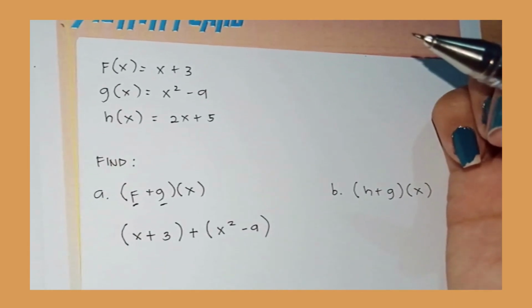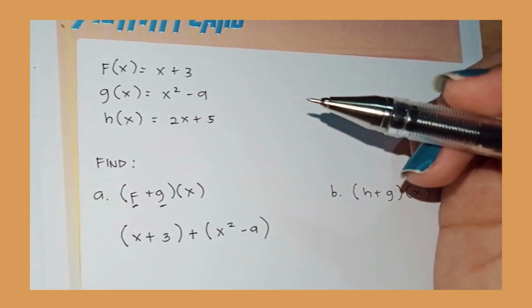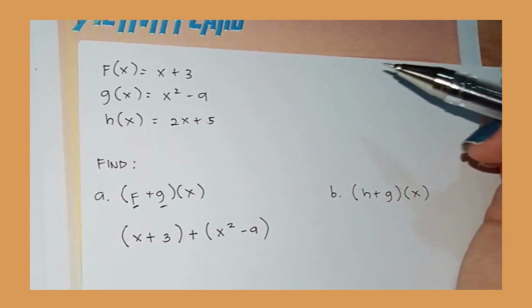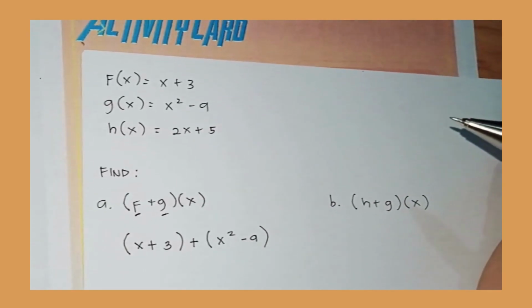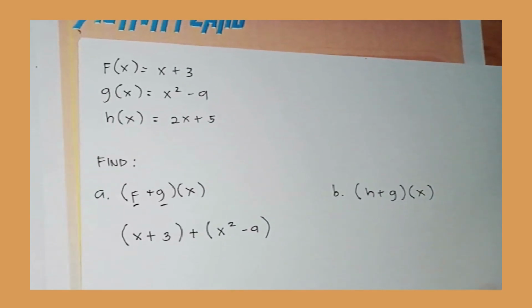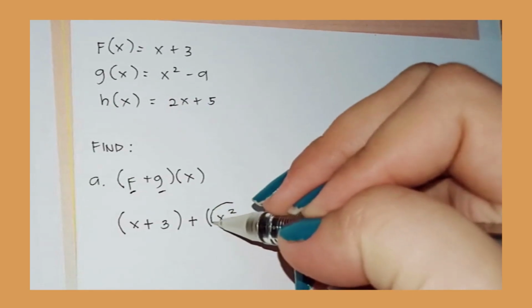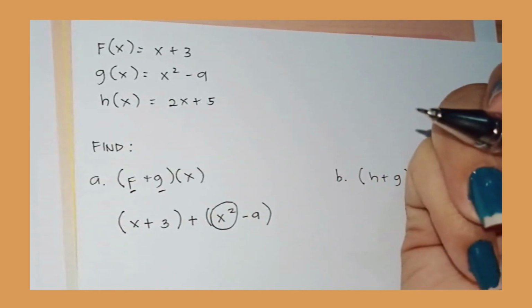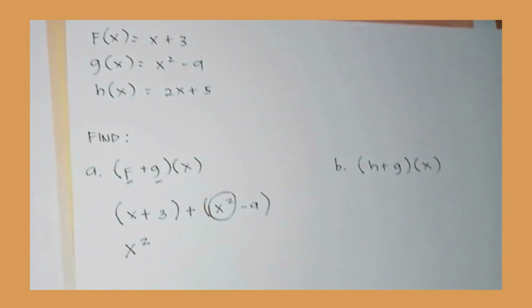Next thing to do is to combine like terms. Pagsamahin natin yung magkakaparehong terms. Yung x squared magkakasama, yung x magkakasama, at yung mga constant numbers ay magkakasama. Unahin natin yung x squared. Given this x squared, meron pa bang x squared maliban dito? Wala na. So, ang gagawin lang natin, copy x squared.